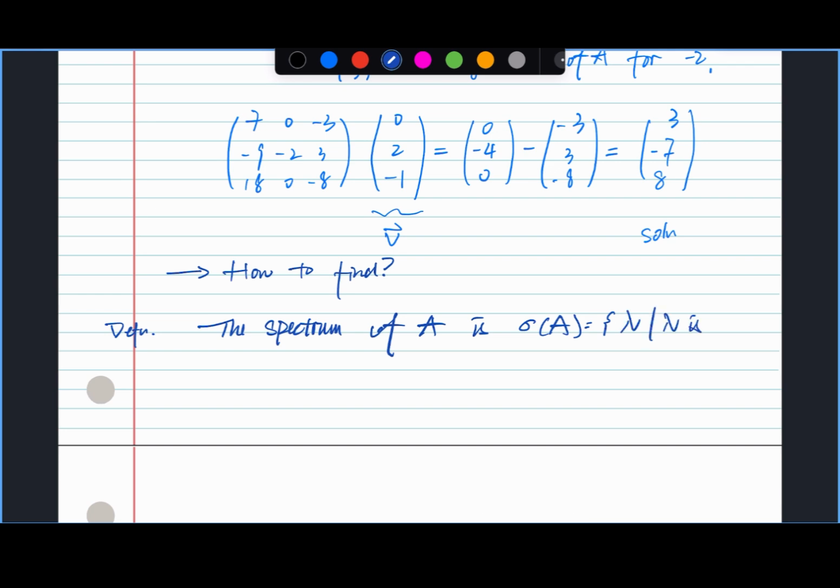Is that sigma? Sigma, yeah, just because the spectrum starts with S. Oh, okay. Yeah.